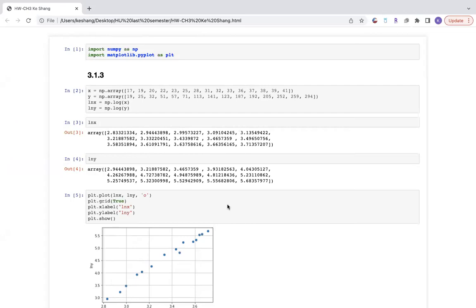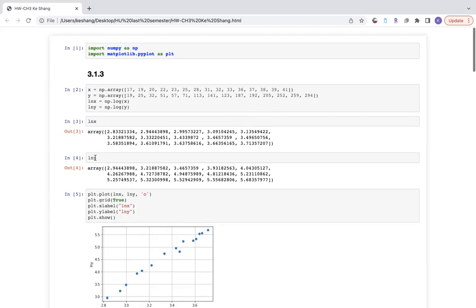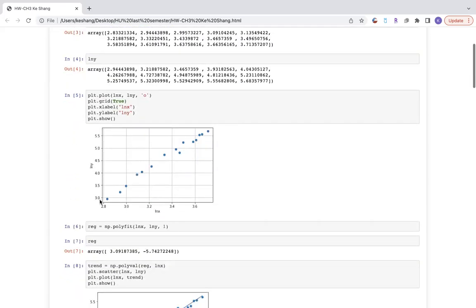So first, I put our data into the numpy array x and numpy array y, and then we take the log of both data to produce log x and log y. Then we plot it in the graph.